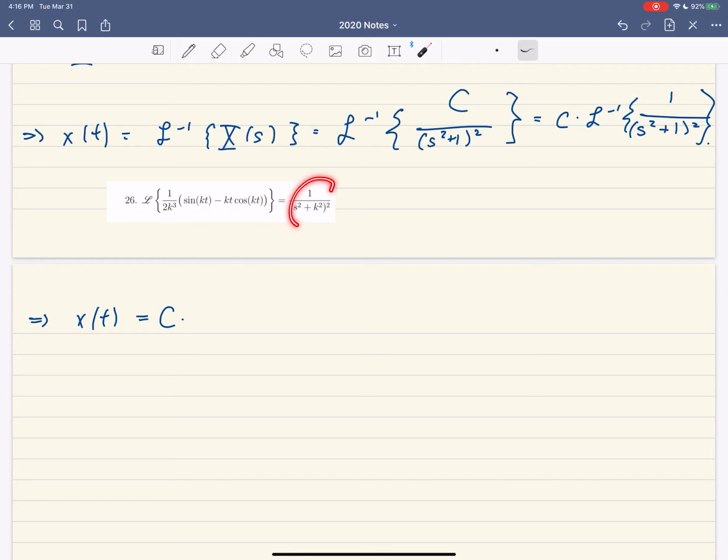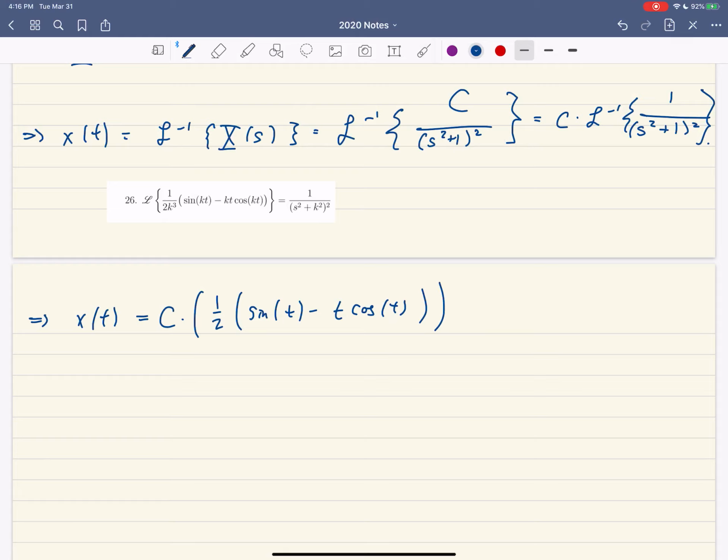So the inverse Laplace transform of the right side is going to be the left side. So I'm just going to copy down the left side where k is 1. So we end up with 1/2 times sine of 1t minus 1t cosine of 1t.